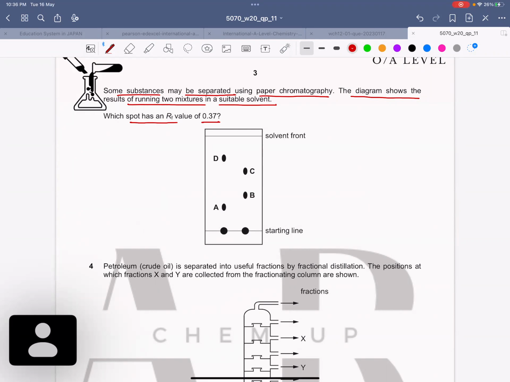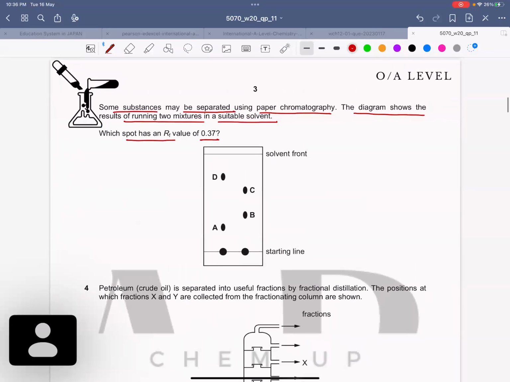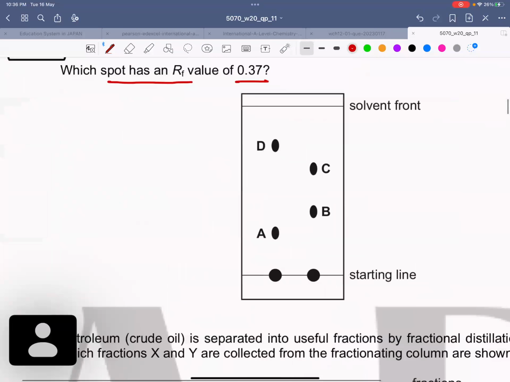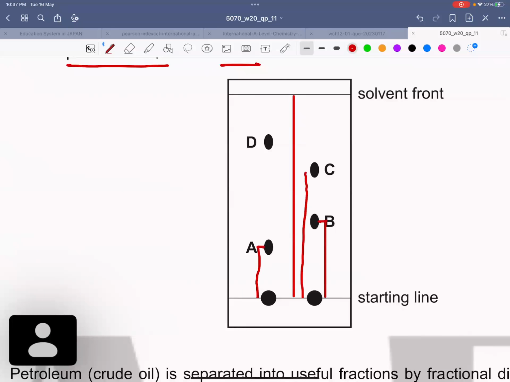You would do that with a ruler or a scale, and you would measure this distance, and then from the baseline you would measure the distance to the middle of each spot.